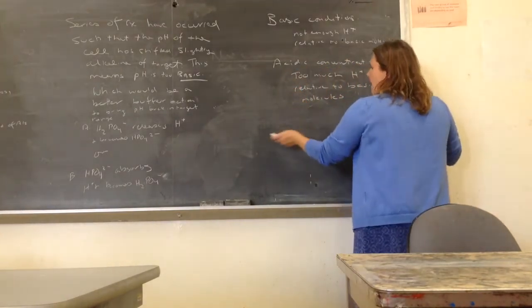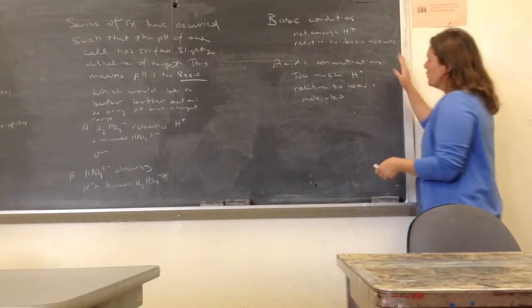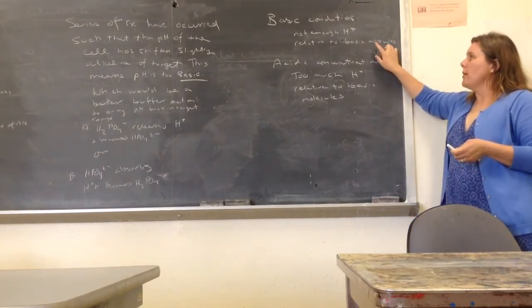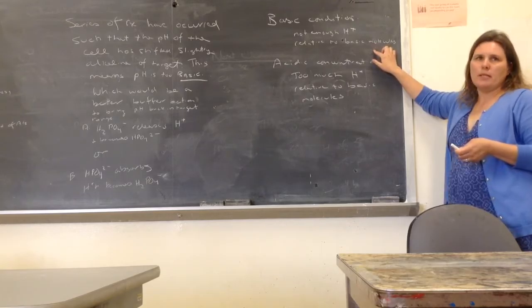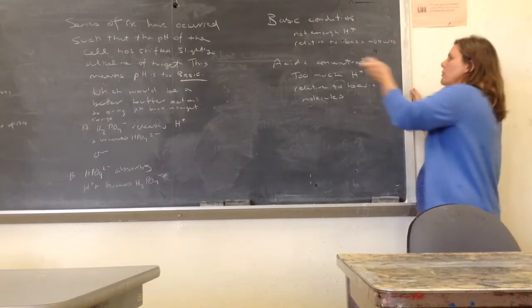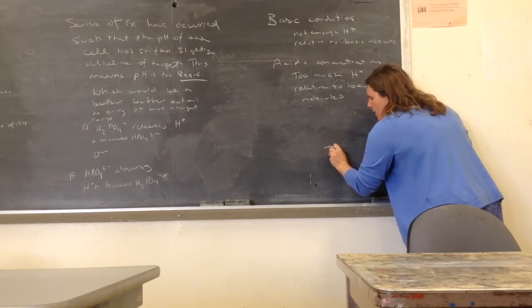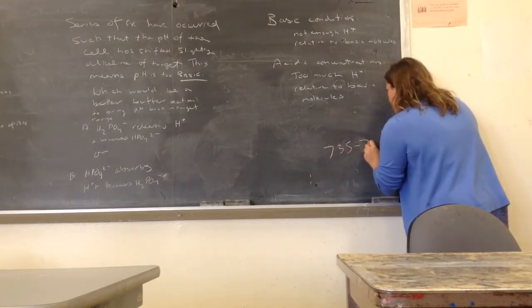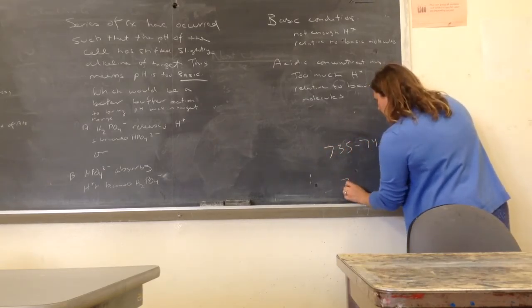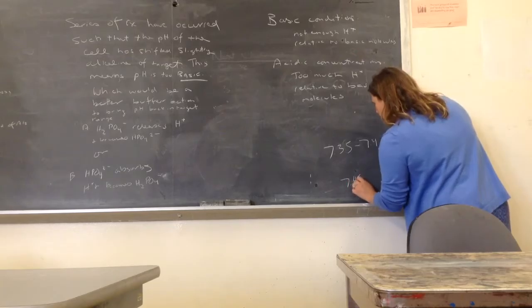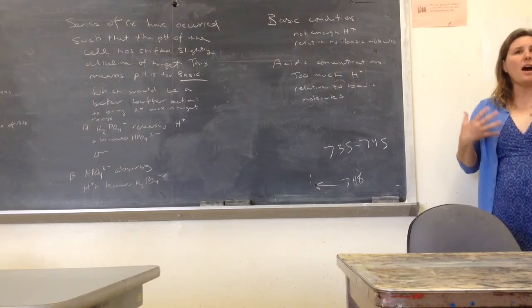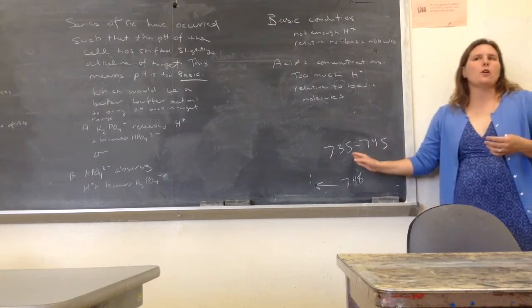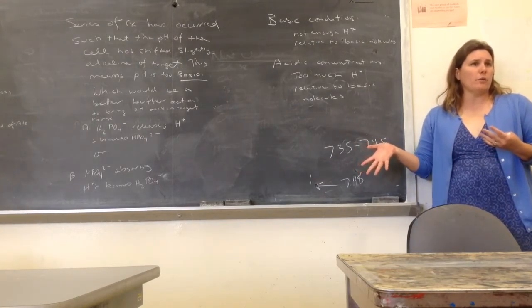But for us right now, so to answer our question, if we're in basic conditions, we don't have enough H+ relative to the basic molecules. So let's say if our range is 7.35 to 7.45, we're now at 7.48. We need to go back that way. We need to add hydrogen so that we can go back to 7.35 to 7.45.